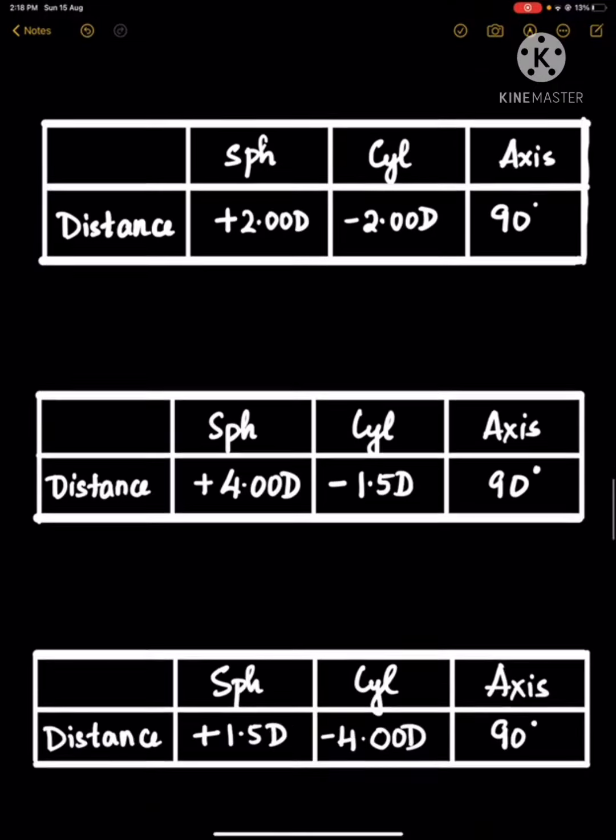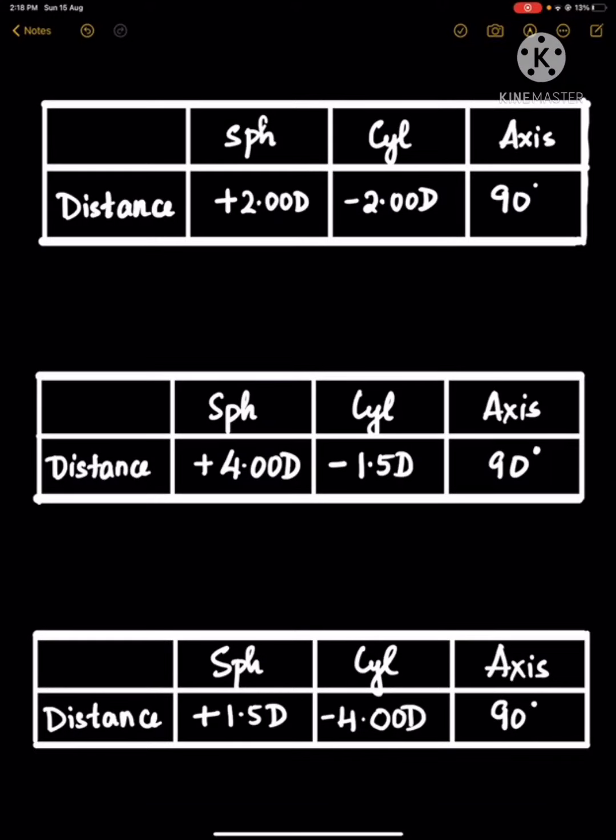The only confusion comes when the sphere and the cylinder are having different signs. Can you see here? So when this happens, you need to look at which is bigger. Because this can either be simple or compound astigmatism or a mixed astigmatism also.